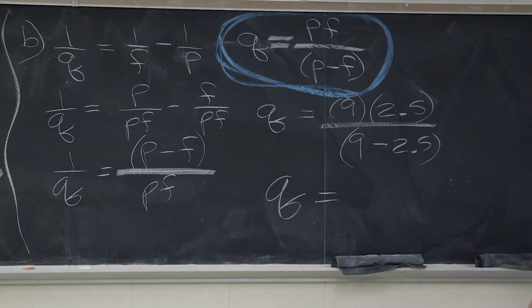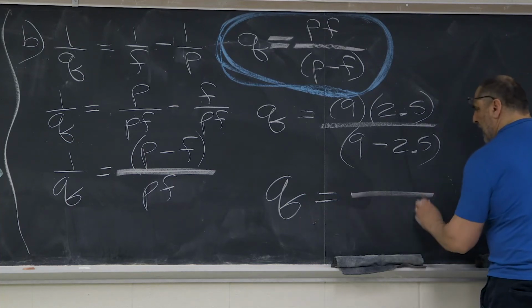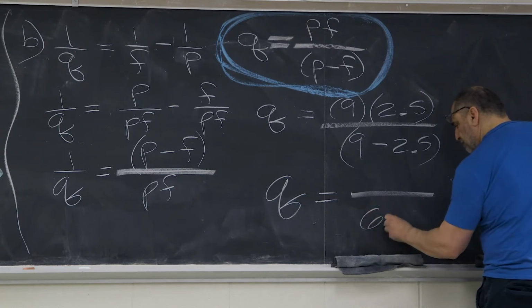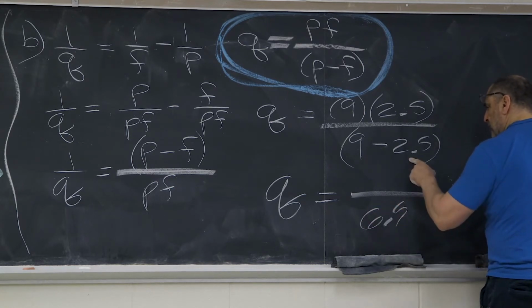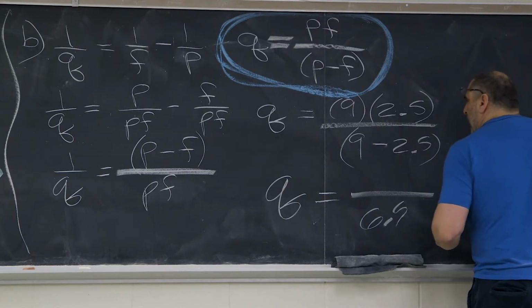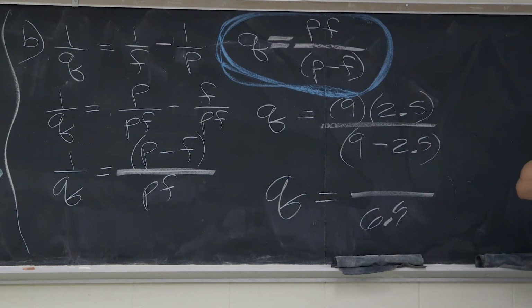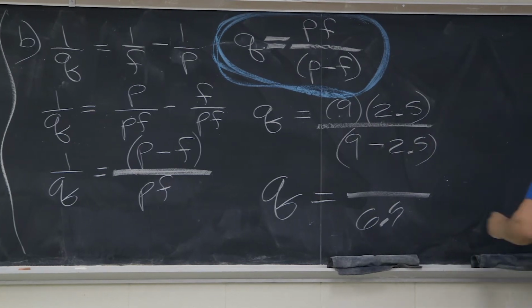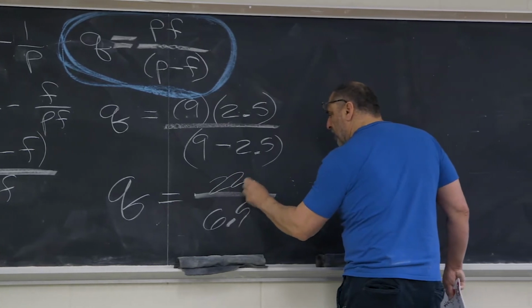The bottom is going to be 6.5. The top, 9 times 2.5, should be 22.5. It seems to be the number we're getting all over the place a lot of times.